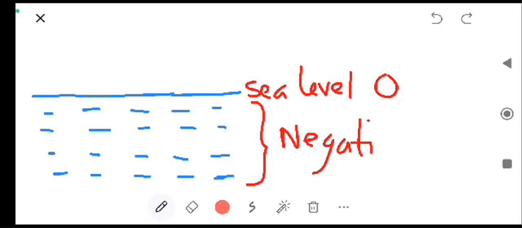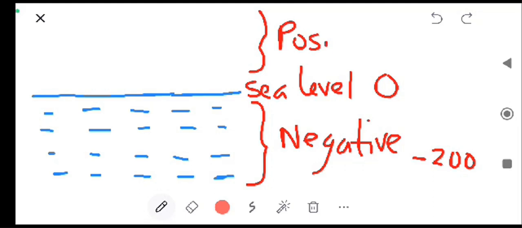That means that if I say 200 feet below the sea level, I'm simply talking about minus 200. The distance above the sea level is represented by the positive what? Integer. If I say 150 feet above the sea level, I simply mean plus 150.